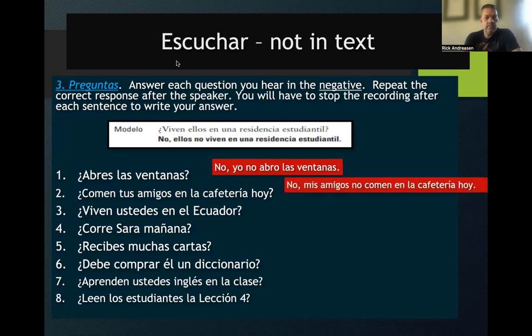No, mis amigos no comen en la cafetería hoy. 3. ¿Viven ustedes en el Ecuador? No, nosotros no vivimos en el Ecuador. 4. ¿Corre Sara mañana?